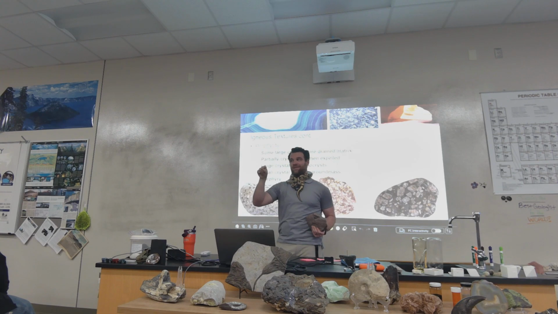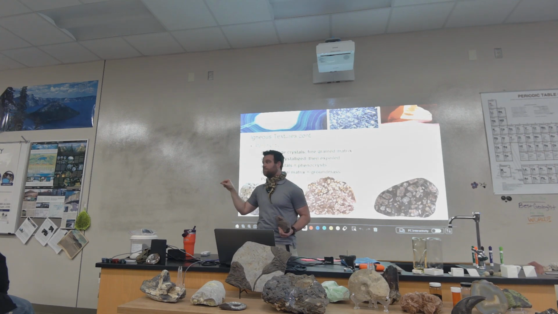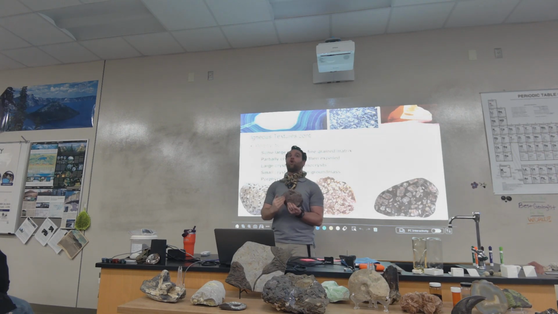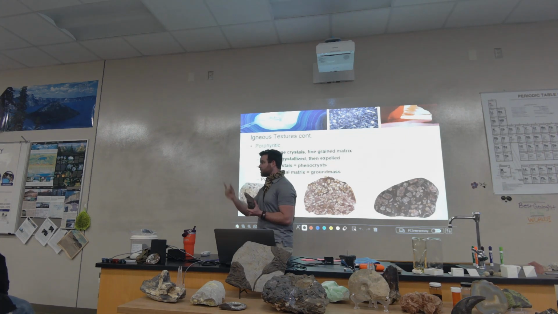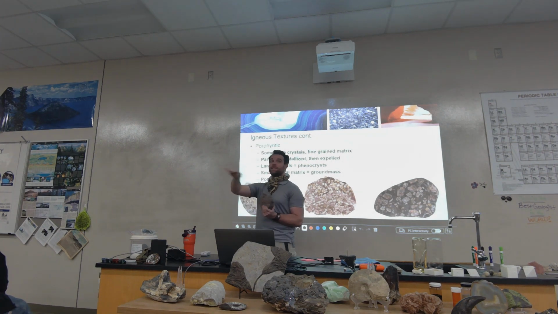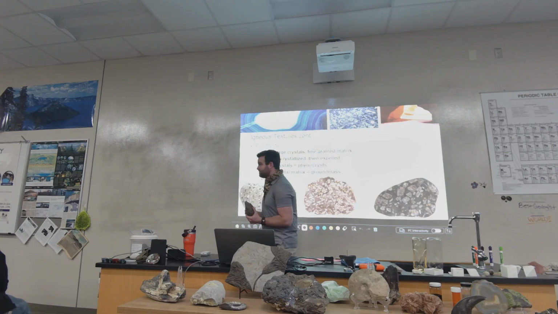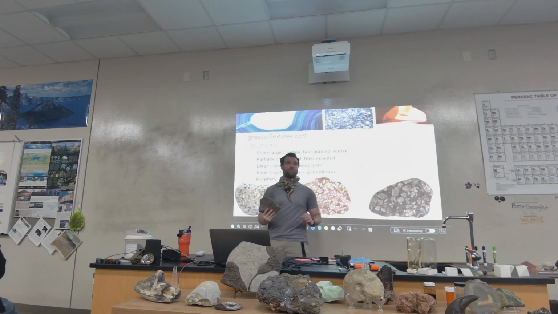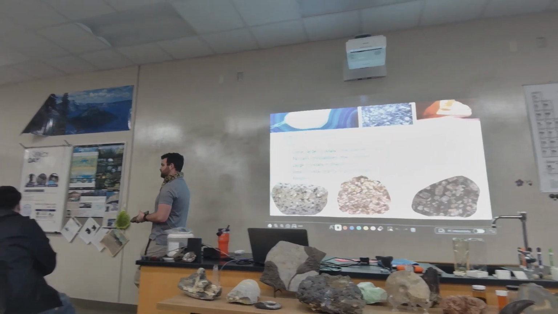Then I take that partially melted magma and cool it off quickly. I get the remaining original crystals from the original rock surrounded by the newly formed microscopic crystals, which is kind of the idea that you two danced around earlier, right? So those are the two ways you can get porphyritic igneous textures.